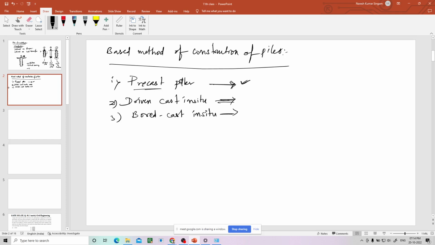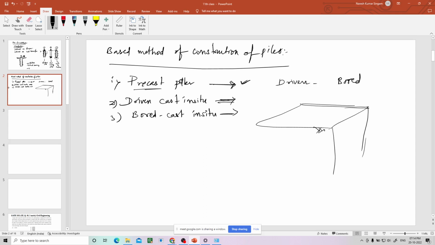Now I have to define what is driven and what is bored. See, if there is a ground, you are not excavating the soil directly. The pile is kept here.